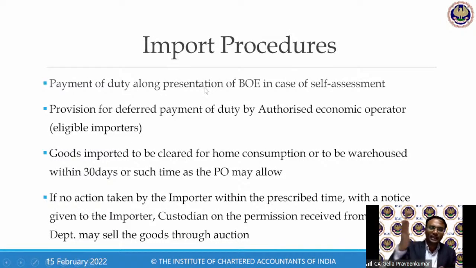The moment the boat leaves that place, they give an intimation to the agent, and these agents regularly follow up to get this consignment cleared. And we have just seen that if these goods are not cleared from the customs premises, the custodian has a right to auction the material. So for all these reasons, they keep tracking it.